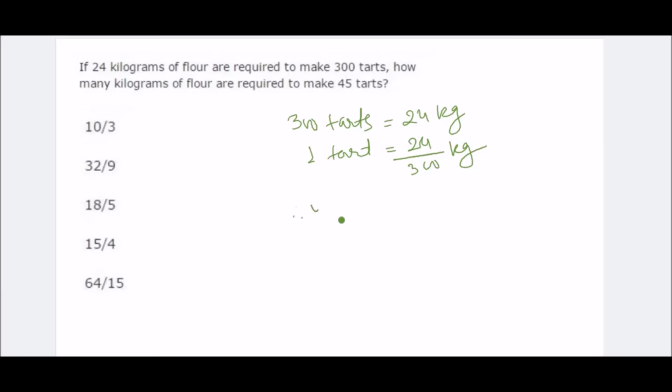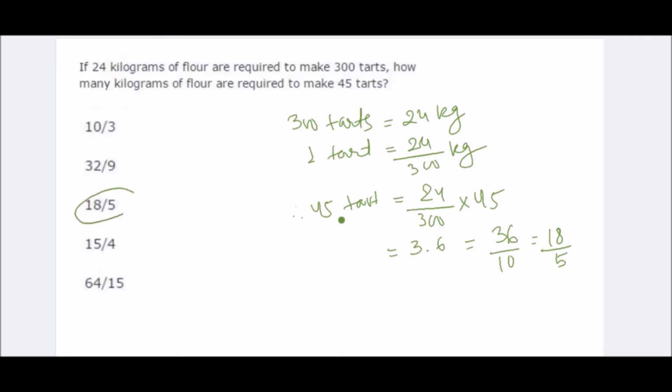Therefore for 45 tarts we need 24 by 300 into 45. Answer will be 3.6. But the answer choices are given in fraction values, so we'll convert it to a fraction. That will become 36 by 10, which is 18 by 5. So our answer choice is the third option.